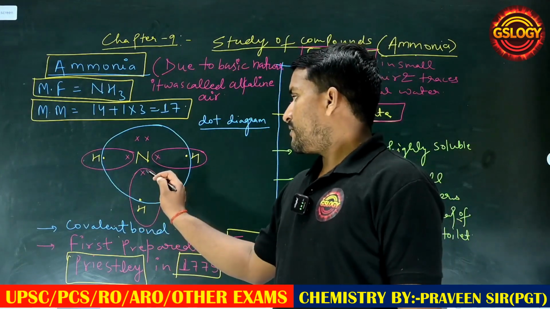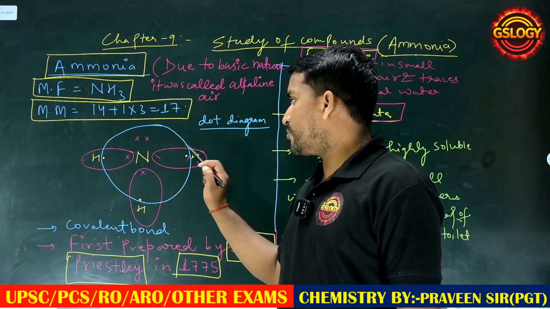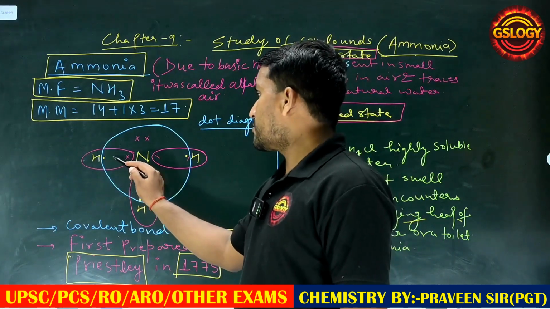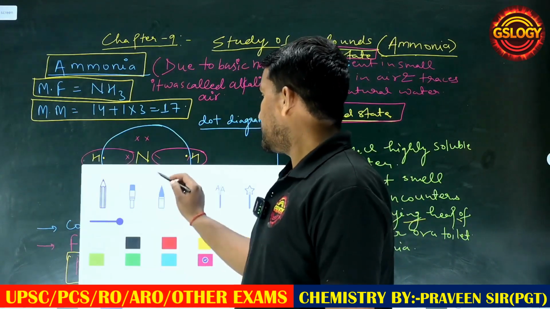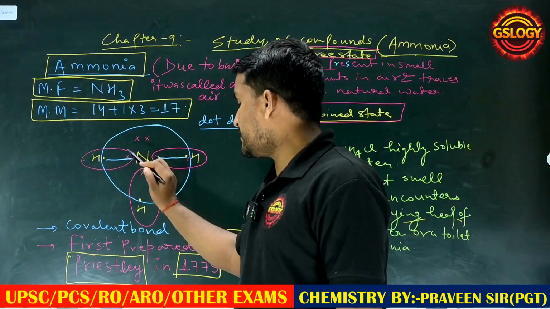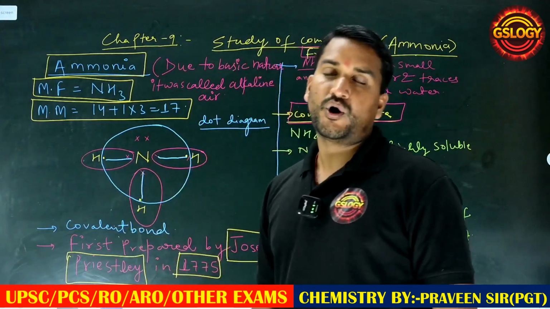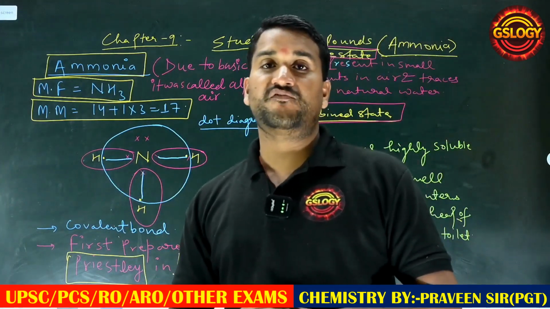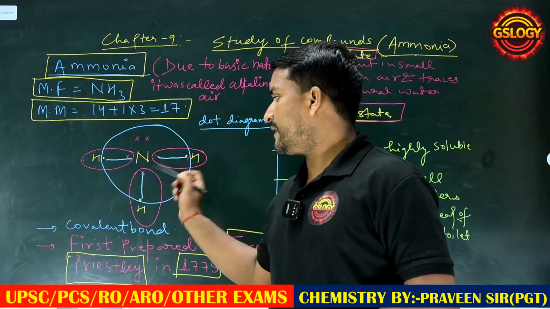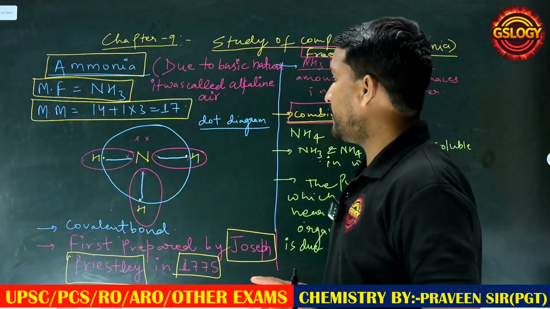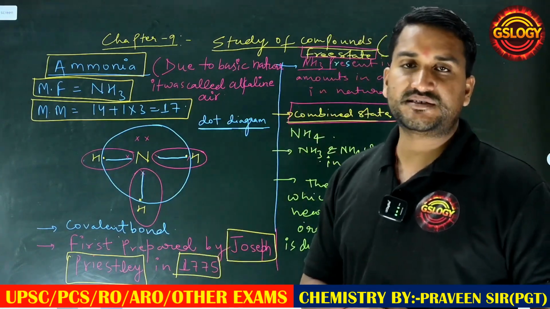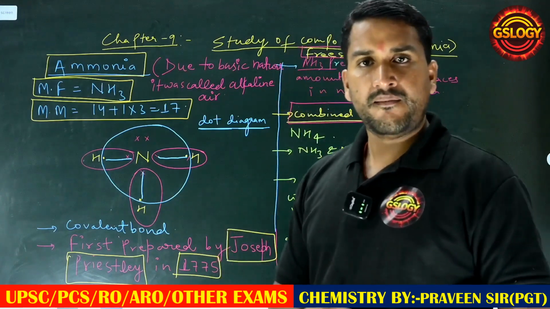So 3 covalent bonds. How many covalent bonds are found in the ammonia molecule? 3: 1, 2 and 3. Clear everyone? So this is the dot diagram or Lewis structure of the ammonia molecule.